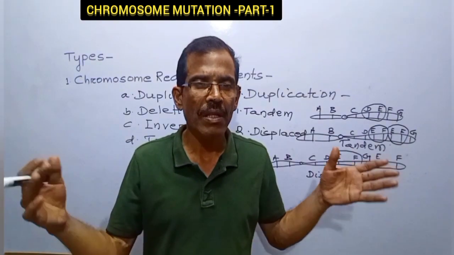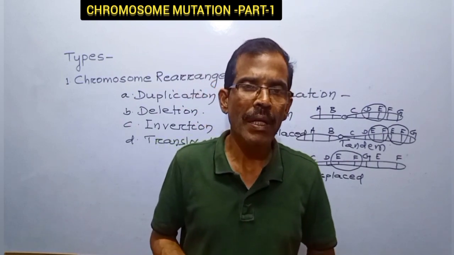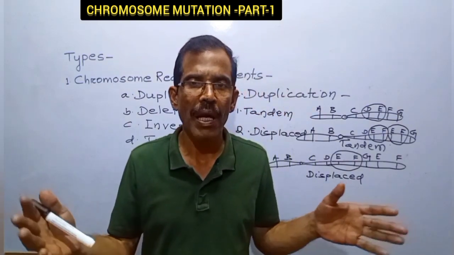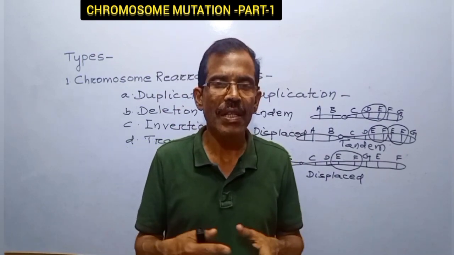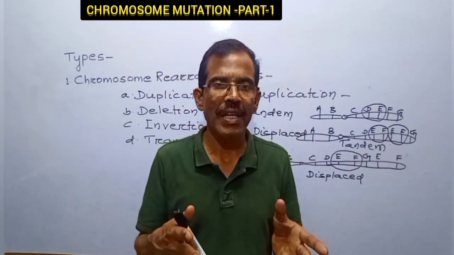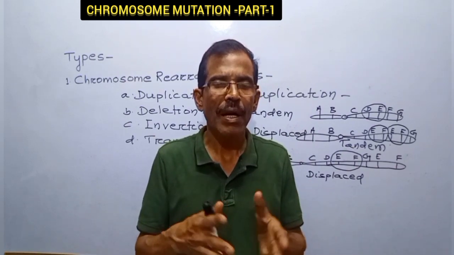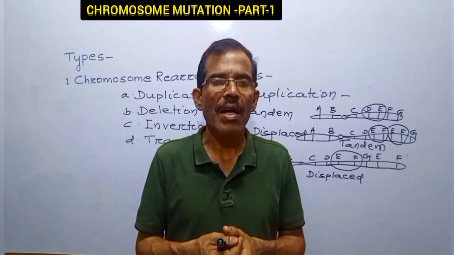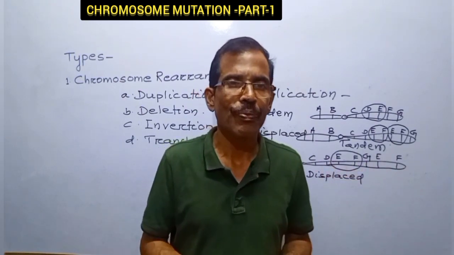Duplications may have major effects on the phenotype. For example, in the fruit fly Drosophila melanogaster bar eyes, in which there is a reduced number of facets, making the eye small and bar-shaped, arise due to a small duplication on X chromosome.